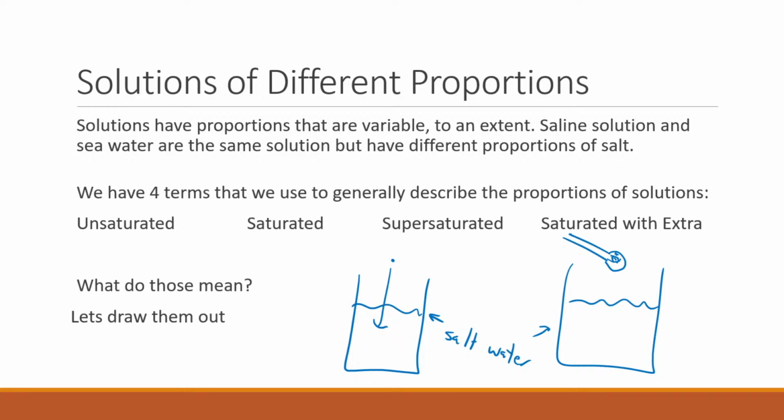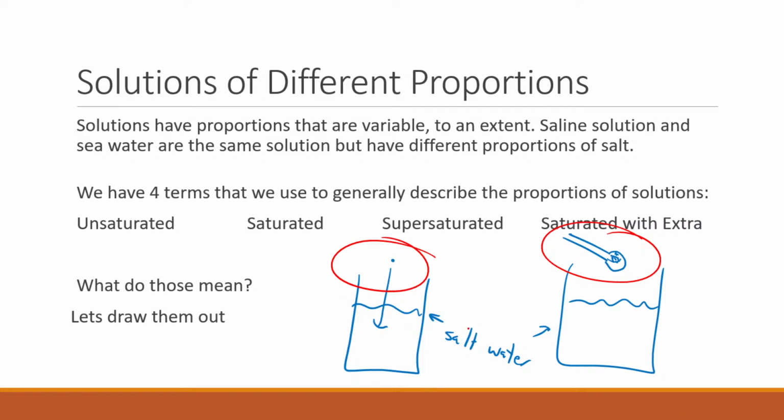We need a way to talk about solutions and classify them by how much stuff is in them. Right? I want to be able to look at the amount of stuff that goes into the water and say, okay, there's a little bit of salt in this water. There's a medium amount of salt in this water. There is a large amount of salt in this water.